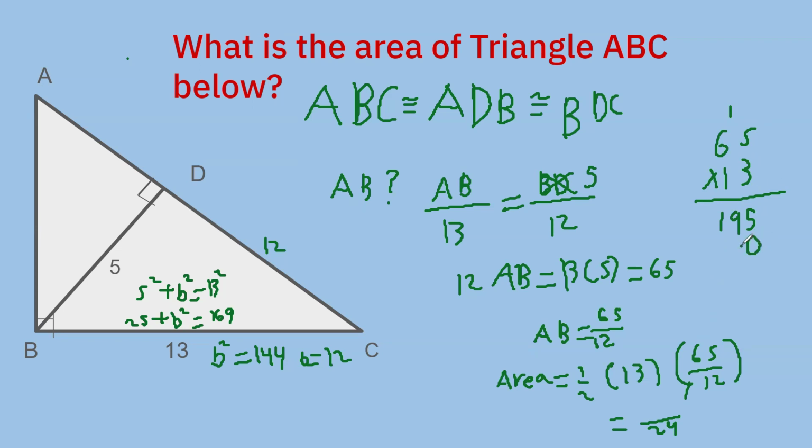The 1s is nice and easy. 5, 6. We get 5. 9 plus 5 is 14. So 4. Carry the 1. 1 plus 1 is 2. Plus 6 is 8. So it's going to be 845 over 24. Which we love. And that, my friends, is around 35. But we don't need to work that out. We can leave that as a fraction.